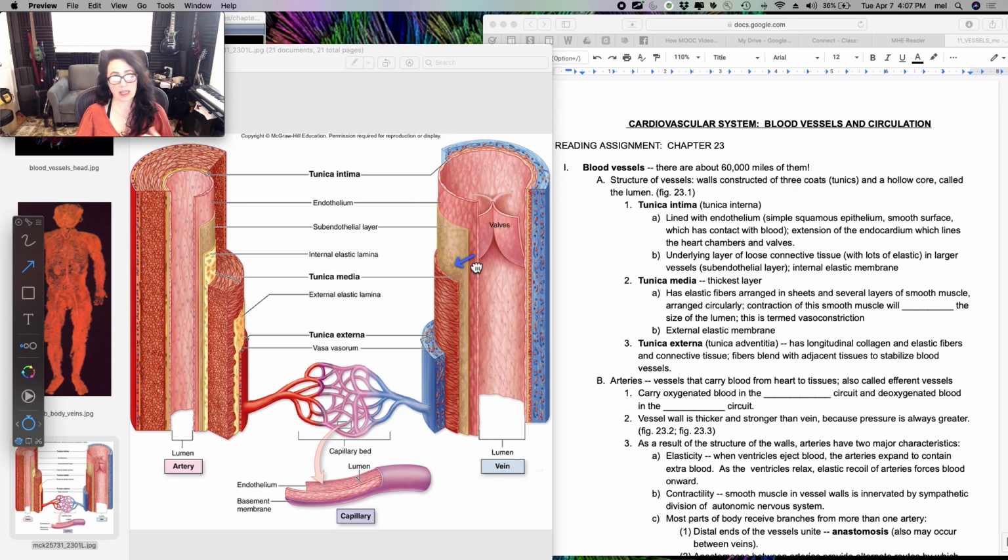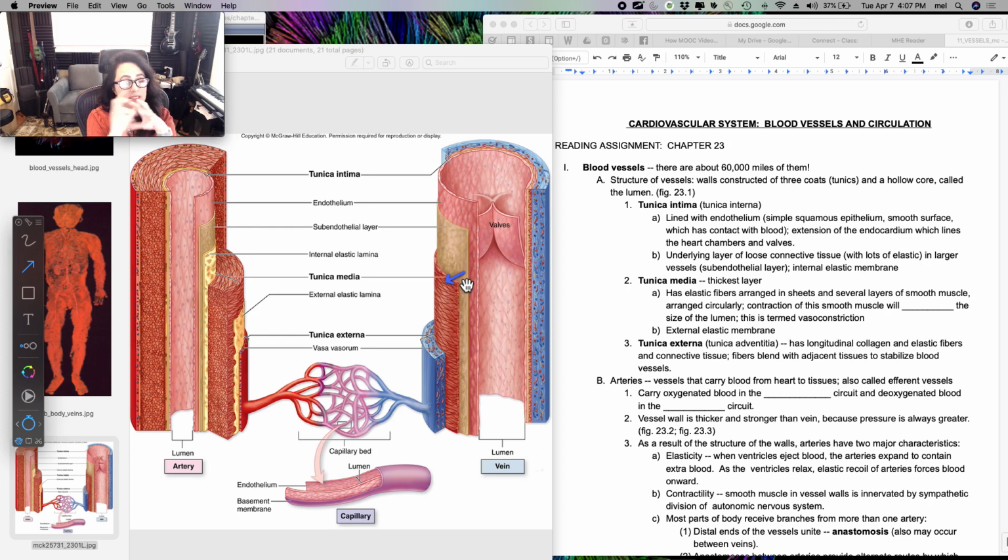The next thing we get to is the tunica media, the middle layer, and it's primarily composed of smooth muscle tissue. The smooth muscle tissue is much thicker in an artery than it is in a vein. It's thicker as much for maintaining the structural integrity of the vessel as it is for vasoconstriction and vasodilation.